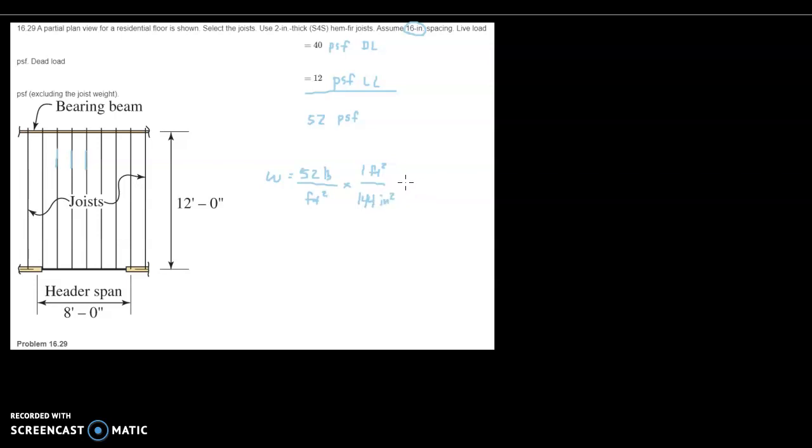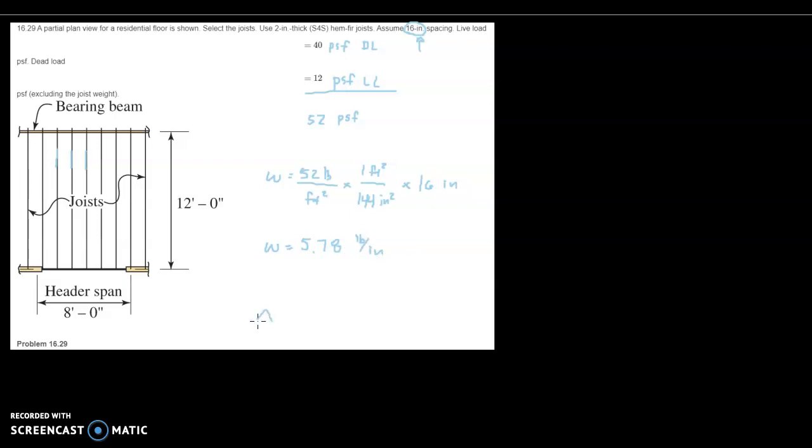And so that will get us into pounds per square inch. And then I multiply that by the spacing of the joist, or the tributary width, of 16 inches to get a uniformly distributed load of 5.78. And the units I'm left with are pounds per inch.